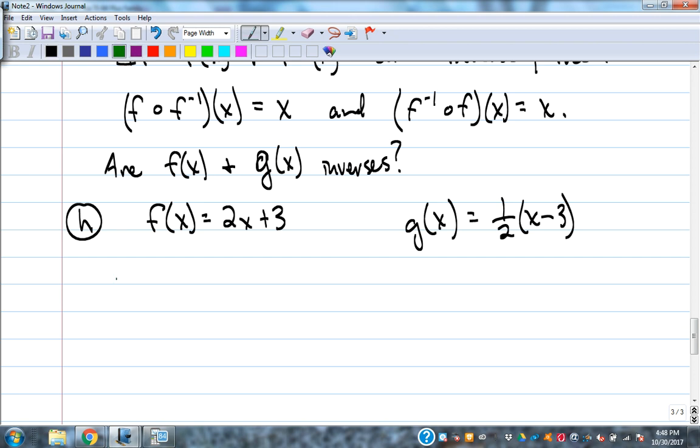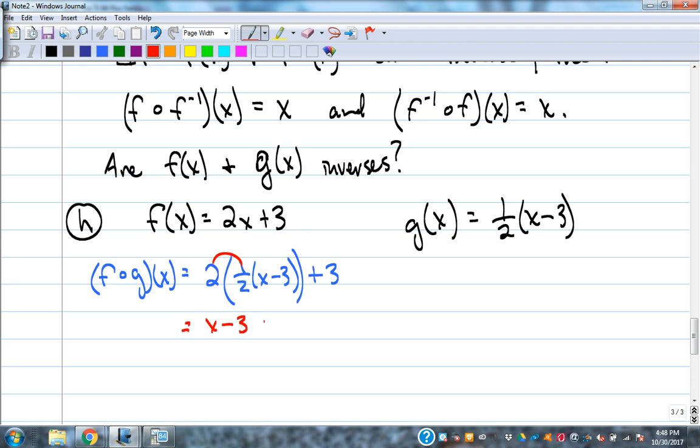So we need to do f composed with g of x. That's taking g of x and replacing x in f of x. And work that out. Well, 2 times a half is 1. So that ends up being x minus 3 plus 3. What happens to the 3's? They cancel out. So that is x.